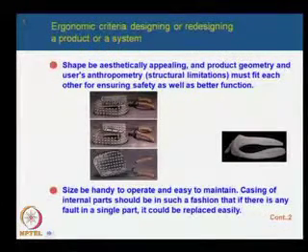Now, we will see some specific aspects, specific issues. Ergonomics criteria for designing or redesigning a product or a system.